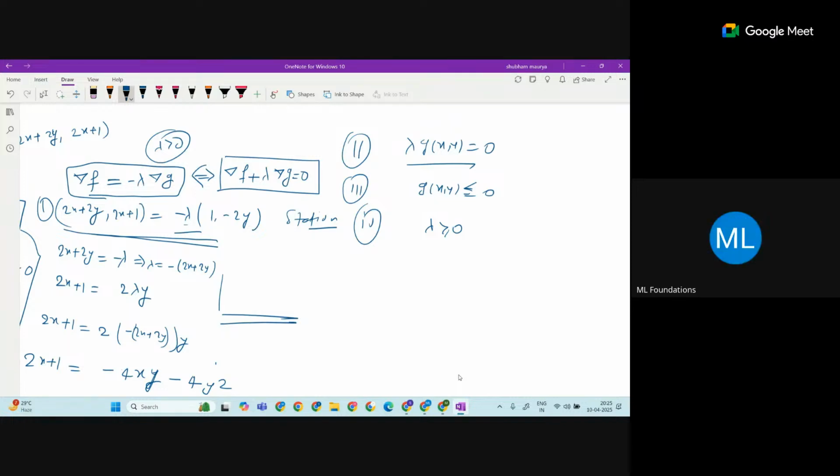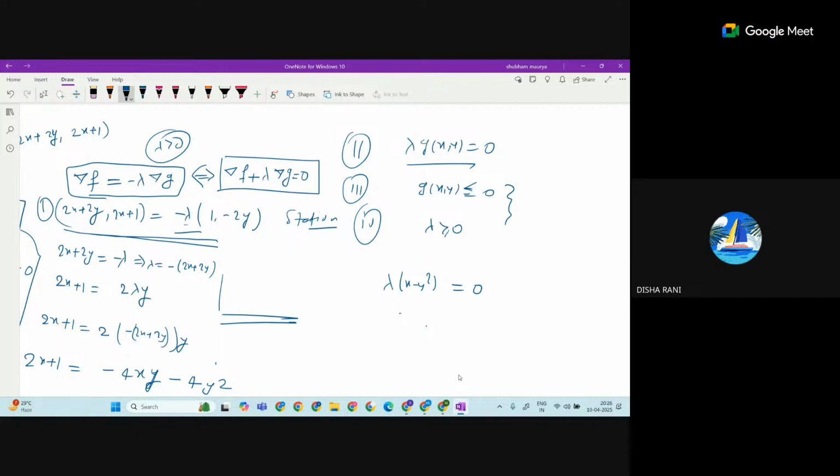Yes. So lambda times (x minus y square) is equal to 0. Correct? Yes. And these two are not going to help us much, right? I don't think they will help. If we write x minus y square less than or equal to 0, then with complementary slackness we check the interior.